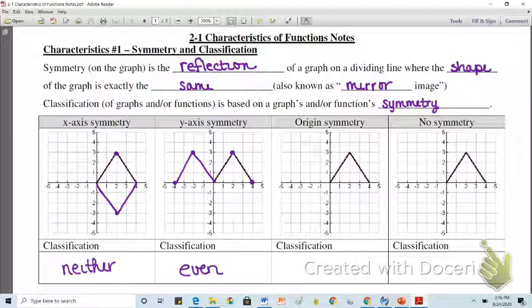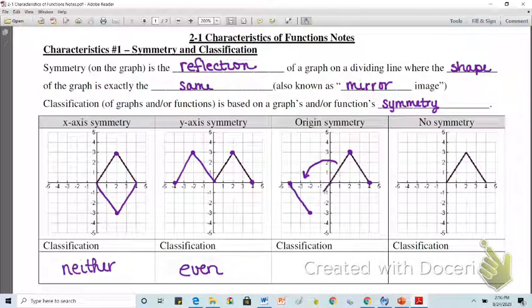The last one I'm going to talk about is symmetry about the origin, where the first two were reflectional symmetry. Origin symmetry is actually rotational. So I'm going to take this triangle and rotate it 180 degrees. So the point (2, 3) ends up at (-2, -3). (4, 0) ends up at (-4, 0).